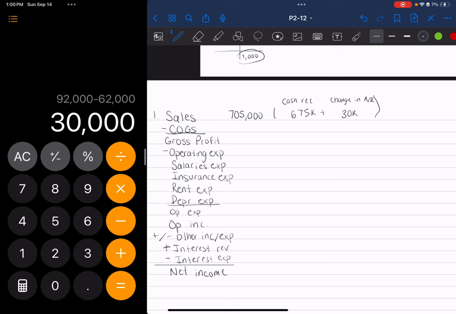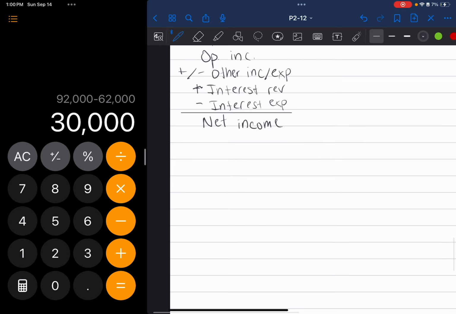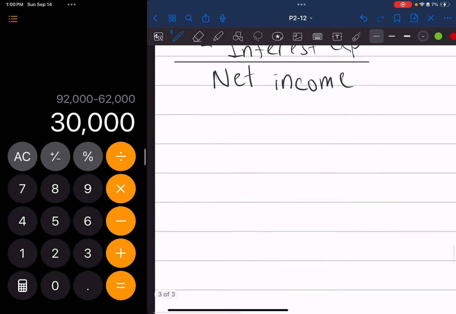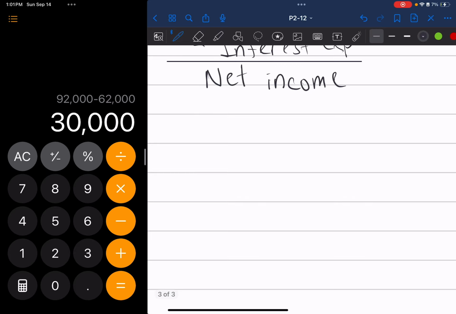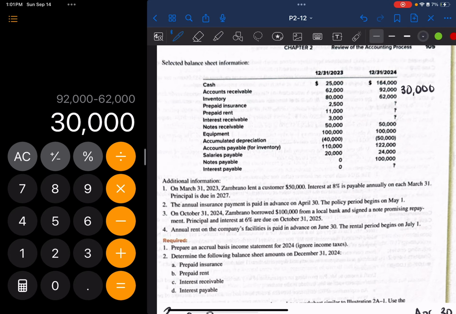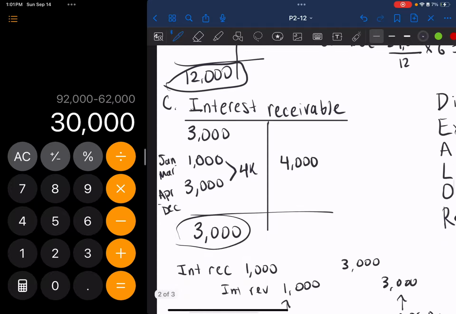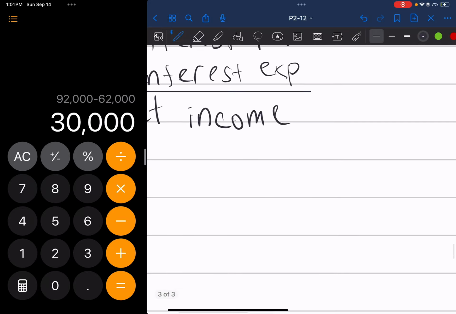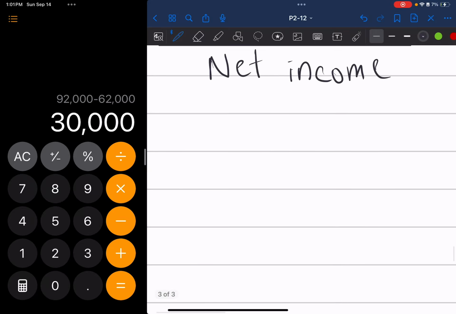And then cost of goods sold is sometimes a challenging account, because in this problem you have cash, accounts payable for inventory, and then you have the inventory account. So you have to make sure that you read the problem and make sure that accounts payable is impacted, and in this problem it is.